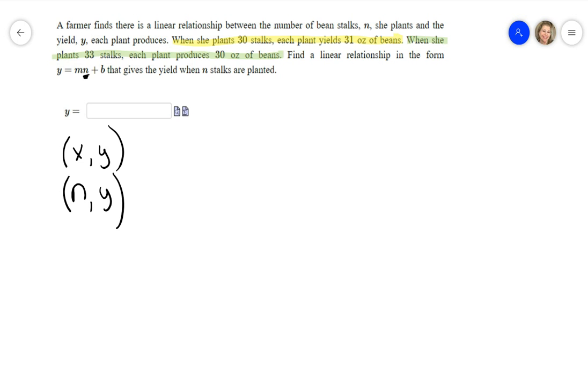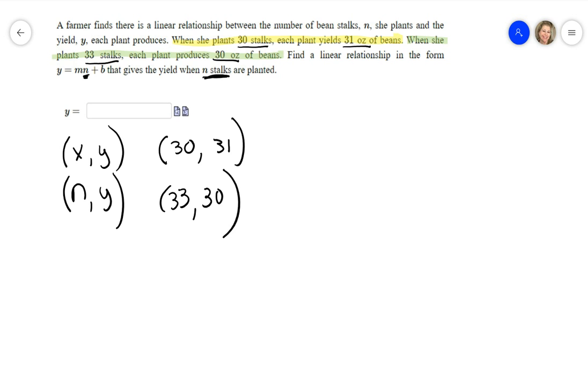So let's see. N is stalks. So there's 30 stalks and 31 ounces. So the first ordered pair would be 30, 31. And then 33 stalks and 30 ounces. So 33 and 30 ounces is the second ordered pair.